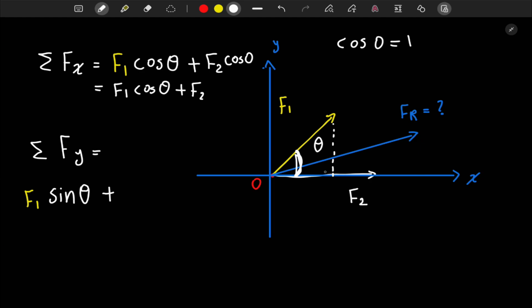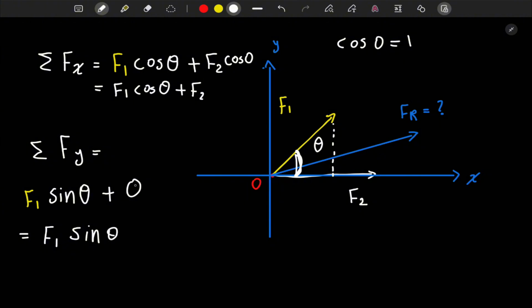We can see that this force has no vertical component pointing in the y direction. So we can just say plus 0, and the answer is F1 sine theta.